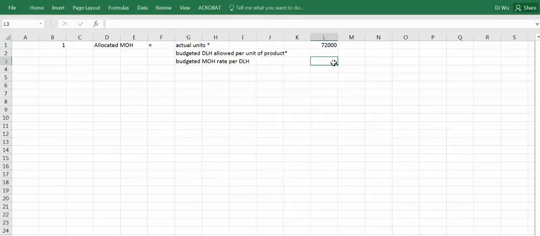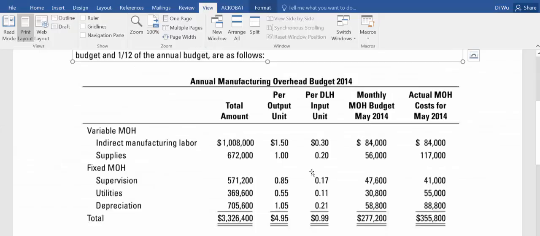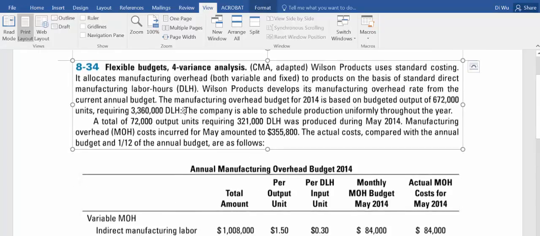I know that this is 0.99 according to my question, but for this one I need to find out. It's not given directly, but it's pretty easy to find because the sentence says the manufacturing overhead budget for 2014 is based on budgeted output of 672,000 units, requiring 3,360,000 direct labor hours.